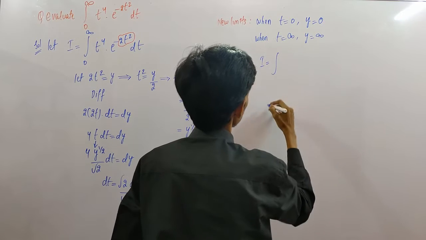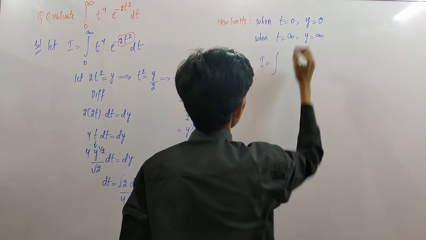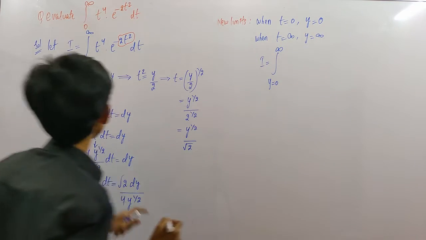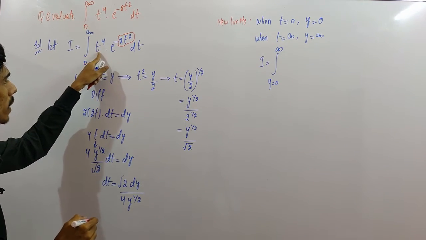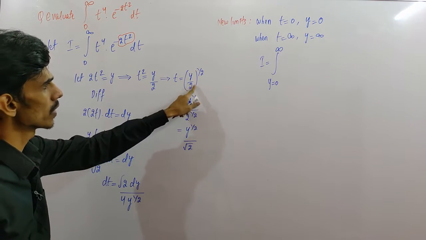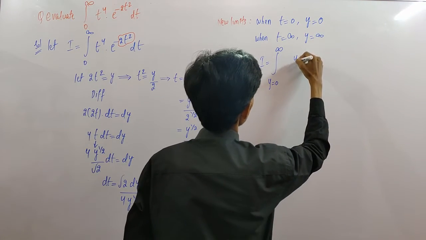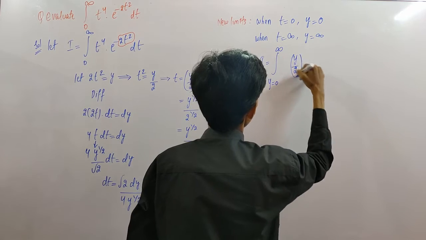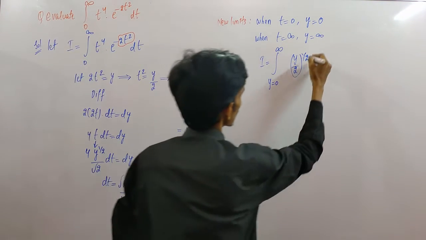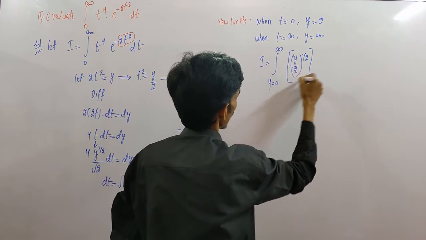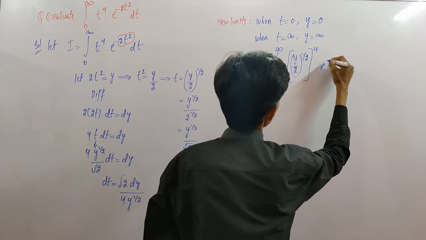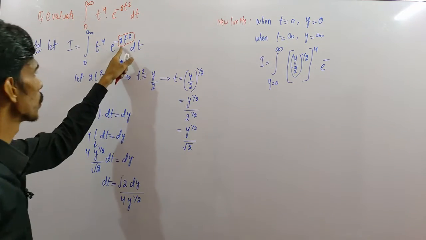Now this integral I will become defined for y equal to 0 to infinity. The t value we have taken is y by 2 whole power of 1 by 2. This is the value of t, whole power 4, into e power of minus 2t square.